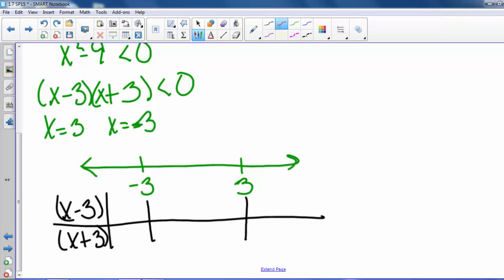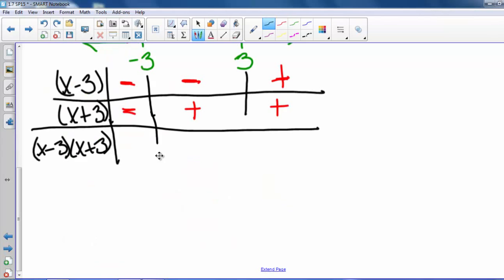So testing a point less than negative 3, like negative 4, we get a negative and a negative. Between negative 3 and 3, we can test 0. So we get a negative and a positive. And greater than 3, we could test 4. So we get a positive and a positive. So then looking at our factors multiplied together, we get a positive if we're less than negative 3.